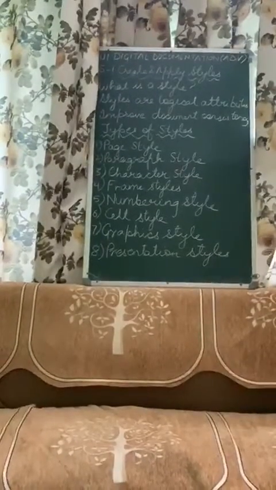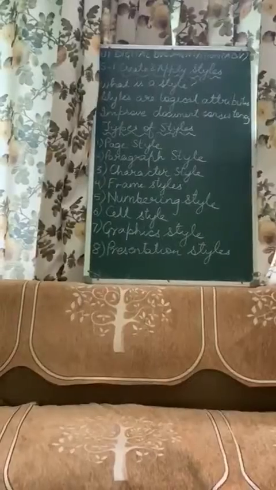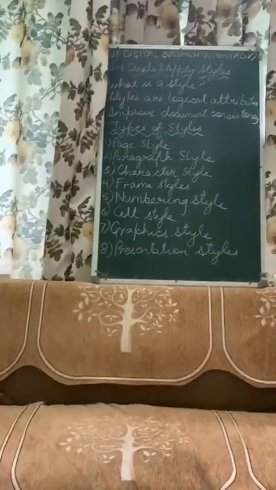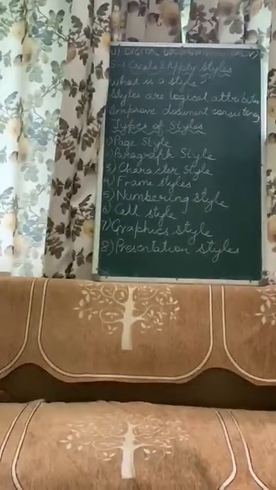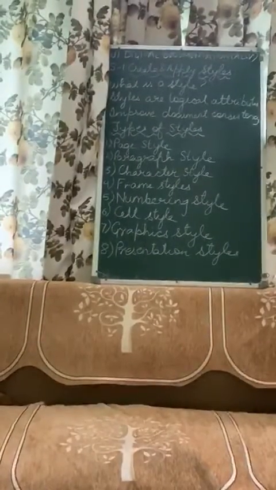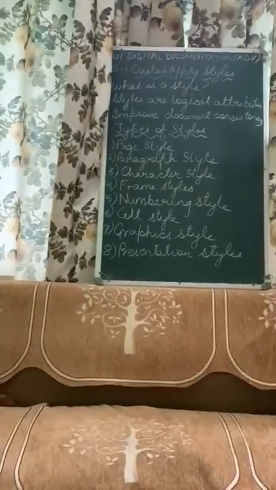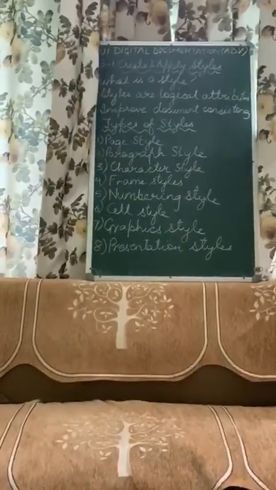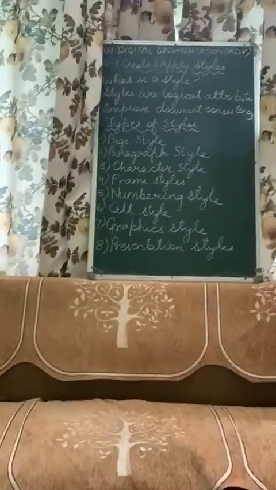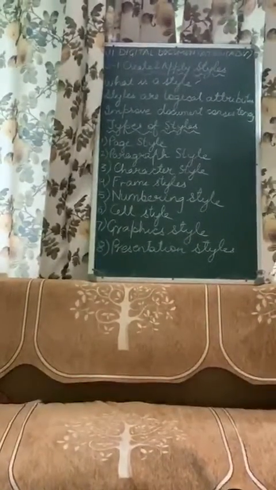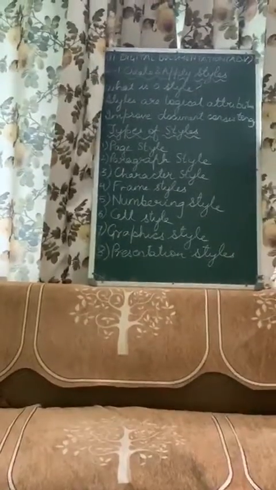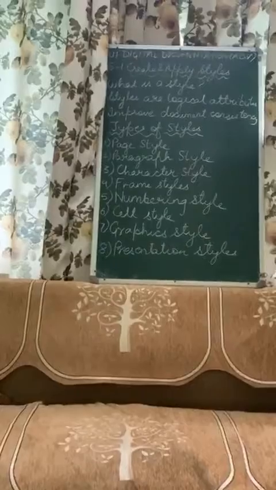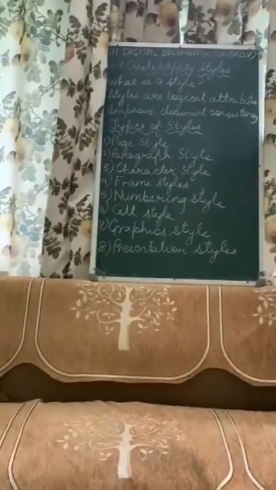For example, if you say title, you are defining the title style which has those characteristics. Styles means that you are shifting your emphasis from what the text looks like to what the text is about. So styles are logical attributes. They are a set of attributes that are applied to the document to make it professional.